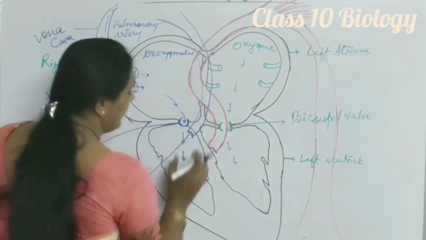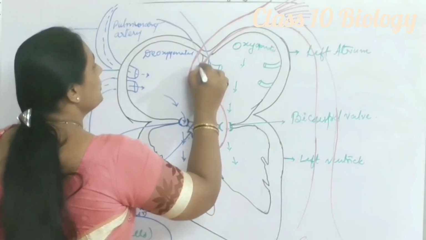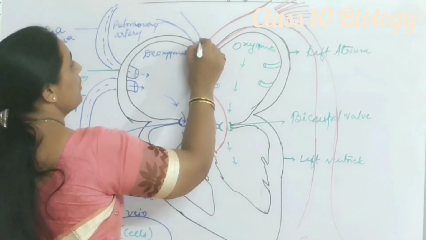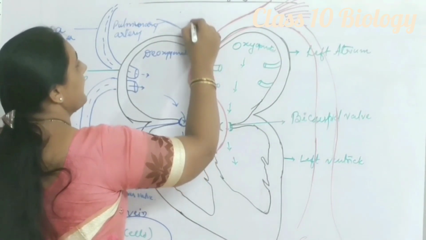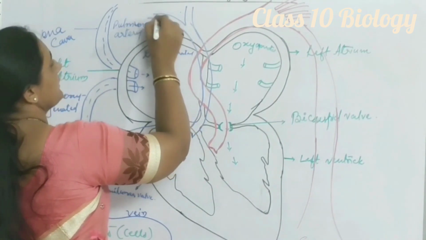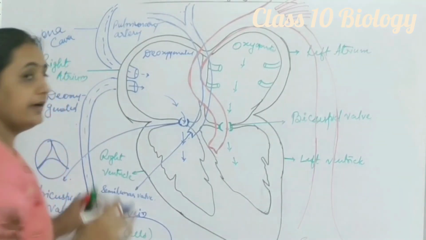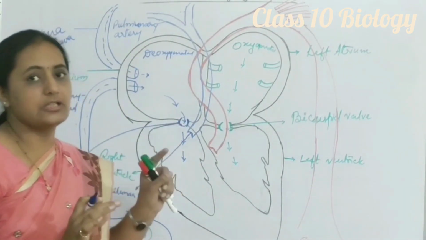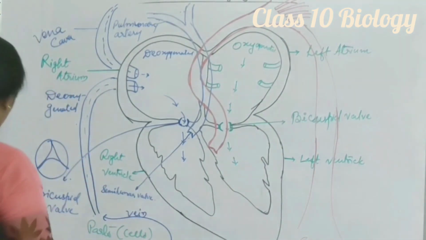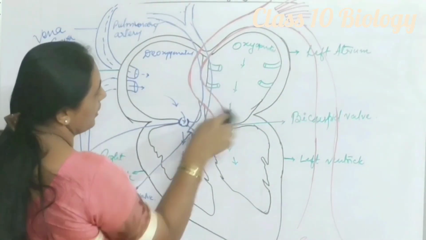When the right ventricle contracts, this deoxygenated blood goes up through the pulmonary artery, and once this artery comes out from the heart, it divides into two parts, one going to each lung. This goes to the right lung, and this goes to the left lung, carrying deoxygenated blood up to the lungs.